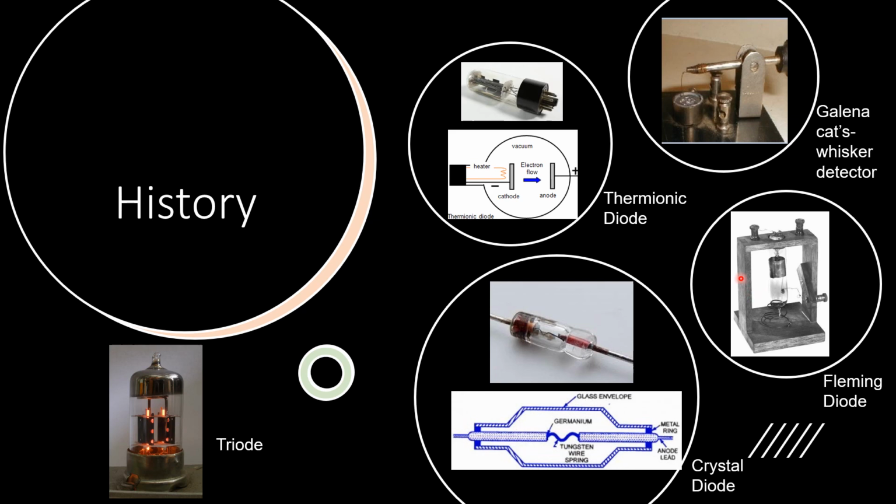In 1904, John Ambrose Fleming invented the Fleming diode. It was constructed with two electrodes in the form of a vacuum tube. In 1906, Lee De Forest added a third electrode, called a control grid, creating the triode, which is used as an amplifier.